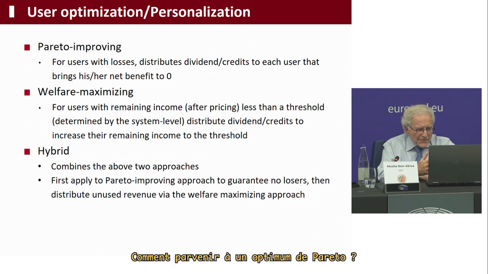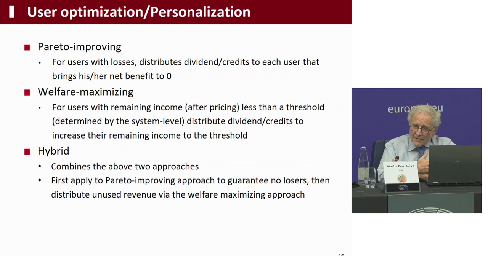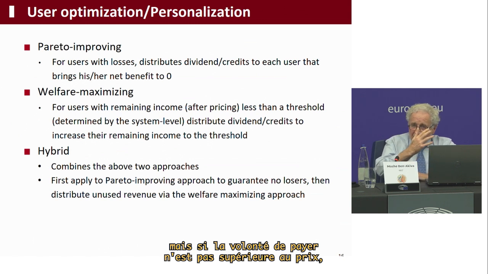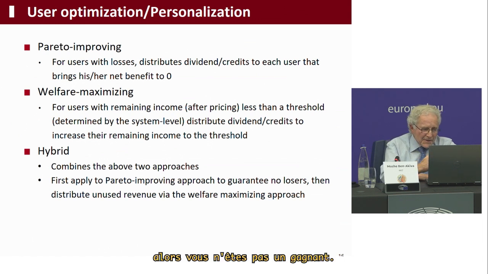So how do we achieve Pareto improvement? It's for users with losses. It depends, of course, on the willingness to pay, but if your willingness to pay is not greater than the price, then you're not a winner.